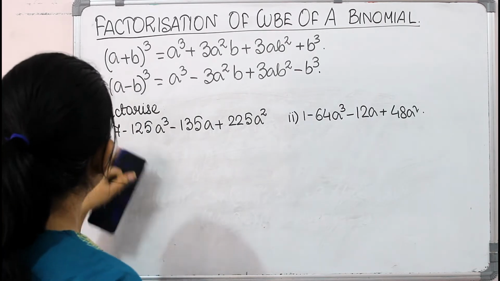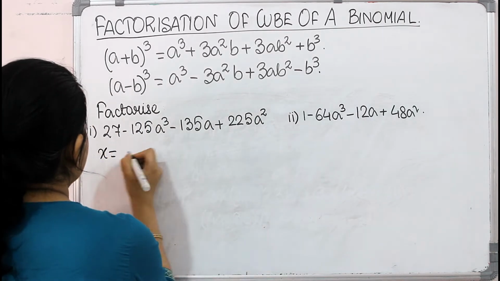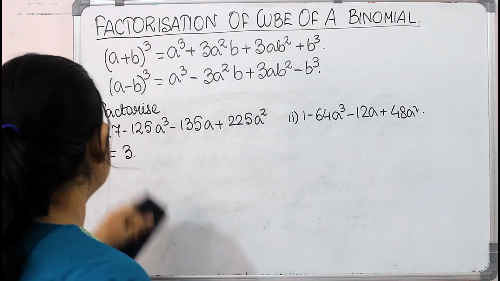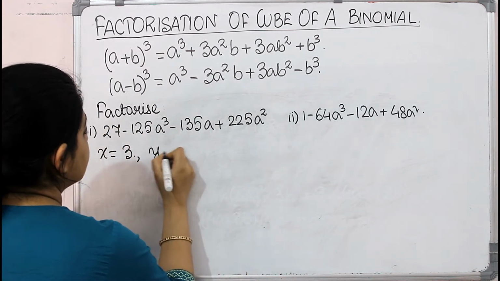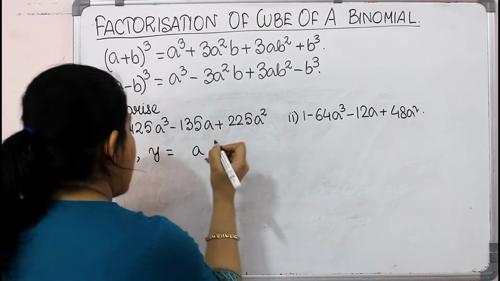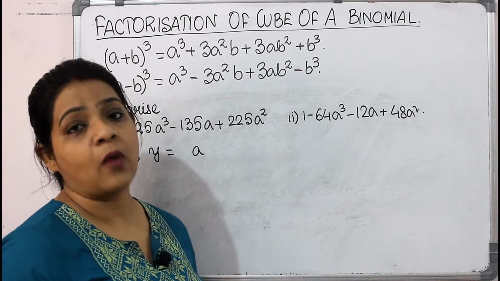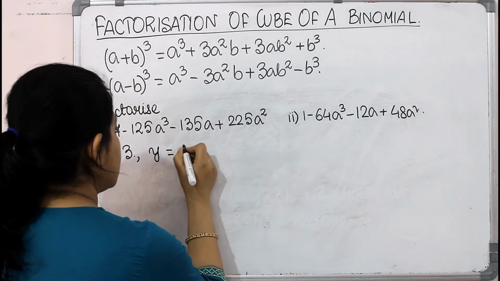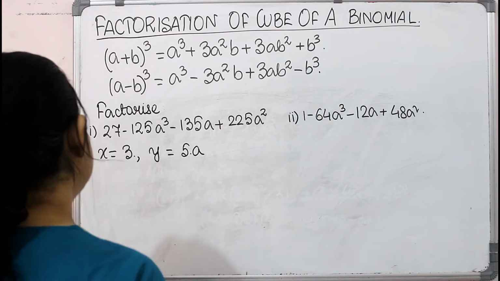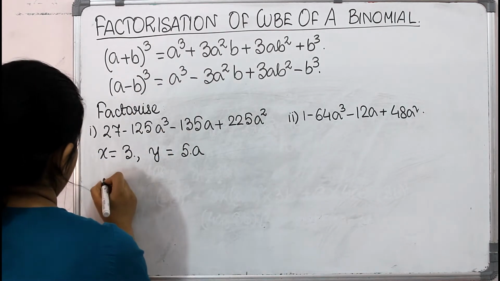The perfect cube 27: x equals 3, since 3 cube gives us 27, and y comes from 125a cube, so a and 5 cube is 125, so y equals 5a. Now realize this in the formula.